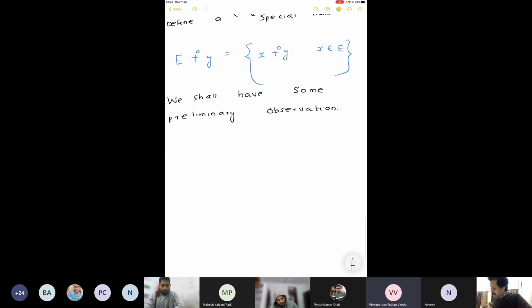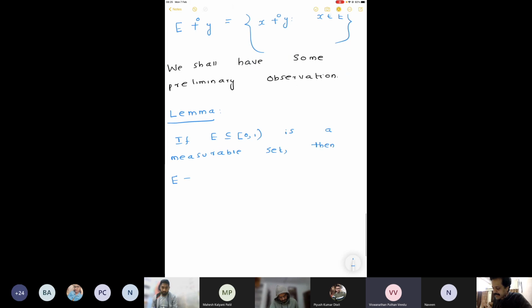So I will put that observation in terms of a lemma. The content of the lemma is as follows. If E, a subset of [0, 1], is a measurable set, then the new set that you have defined via special translation, that is E circle plus y, is also measurable.